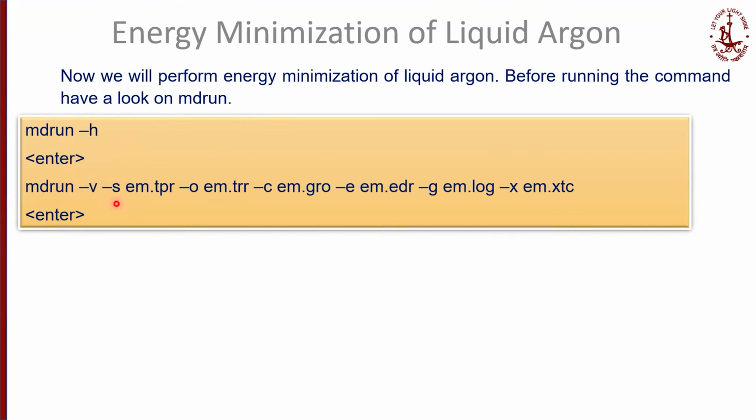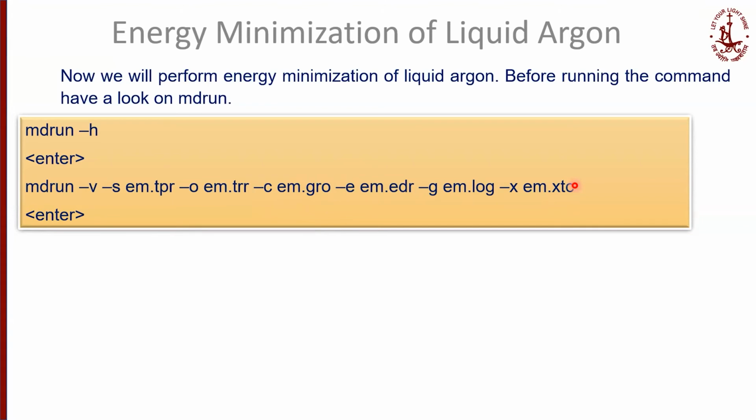mdrun -v -s em.tpr, -s is the flag for the TPR file, -o em.trr. TRR is the format of a trajectory file only, -c em.gro. Why is it labeled as EM? Because if you label it as the same file, conf.gro or conf something, it will override the conf file.